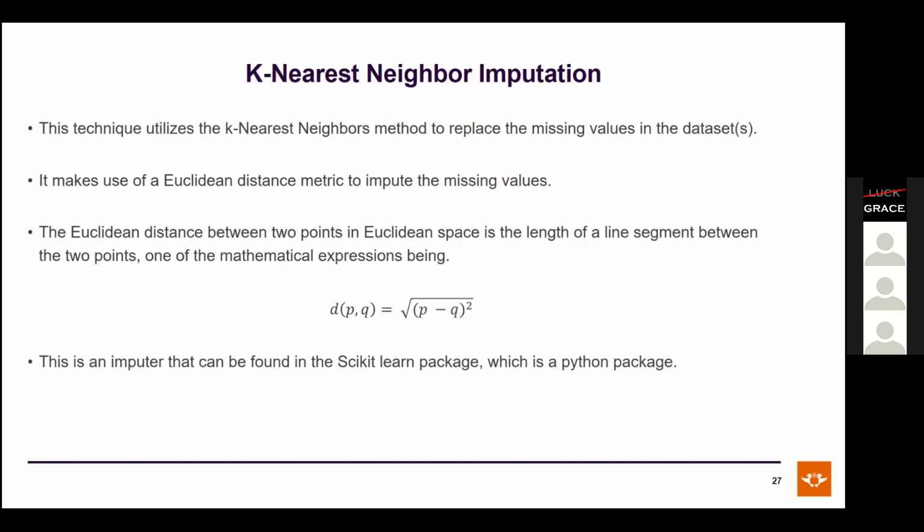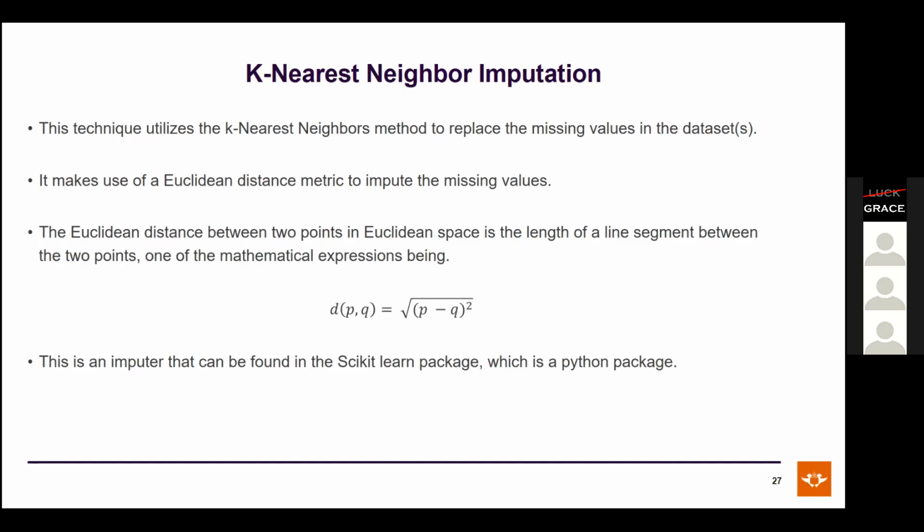So the first method we're going to look at is the K nearest neighbor imputation technique. And this technique basically, as mentioned before, makes use of the K nearest neighbor method to replace missing information in data sets. So there are different distance measures.